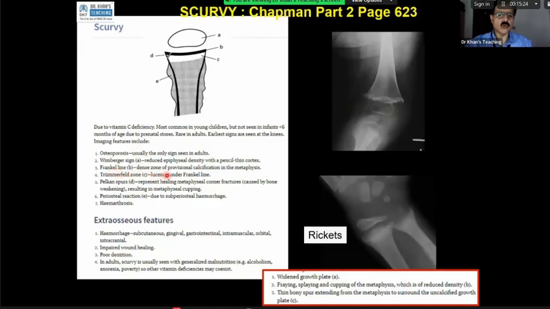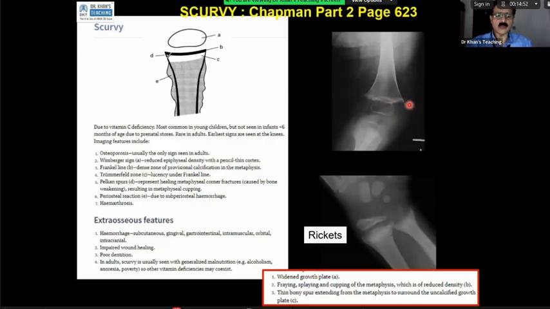Frankel line is the zone of provisional calcification in the metaphysis. This calcification is normal, but it gives you a slightly fluffy appearance because calcium is normal. Trümmerfeld zone is the lucency under the Frankel line, not very well projected in our example, but you can imagine somewhere here is a lucency under the Frankel line.